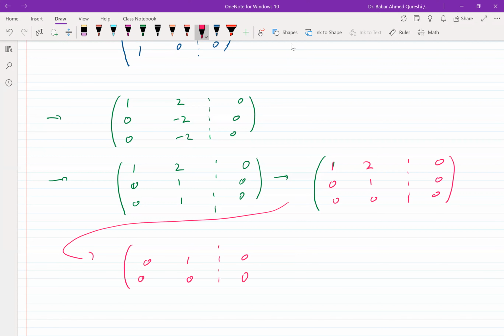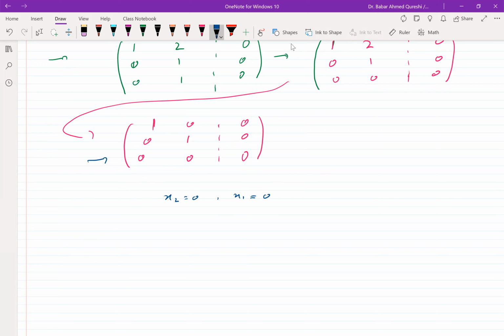So this equation has no information. This equation is telling me that x2 is 0, and the first equation is telling me that x1 is 0. So that means the only solution is 0, 0. By the way, this equation, A transpose times x equals 0, I should not have written like this.